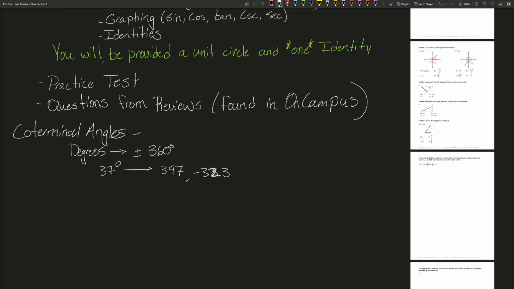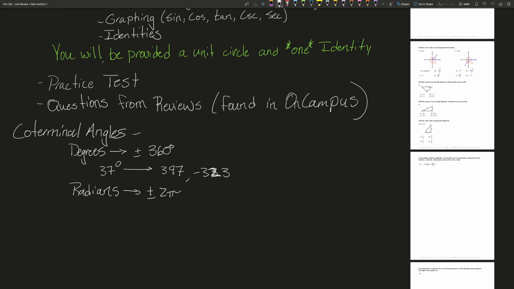So again, to find coterminal angles in degrees, you add or subtract 360 until you have your desired answer. In radians it's a little different, but the same idea: you are adding or subtracting 2 pi.